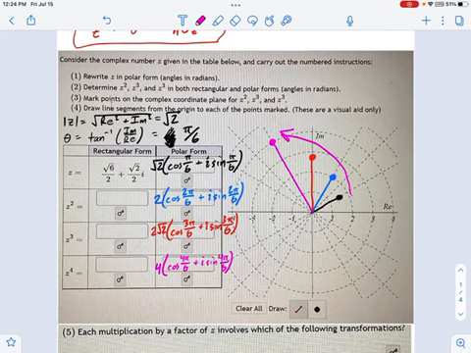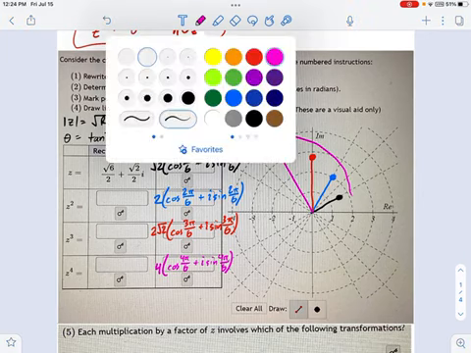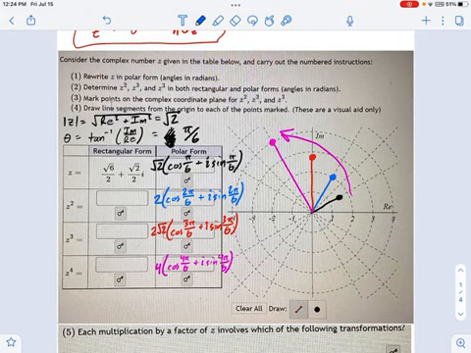Now, in terms of the rectangular coordinates, I haven't filled those out, but this part is really quite easy. All you do is you evaluate this deal in parentheses. So the cosine of 2 pi over 6, for example, is 1/2 times 2. That becomes 1. And the sine of 2 pi over 6 is radical 3 over 2 times 2 becomes radical 3. So this becomes 1 plus radical 3 i.